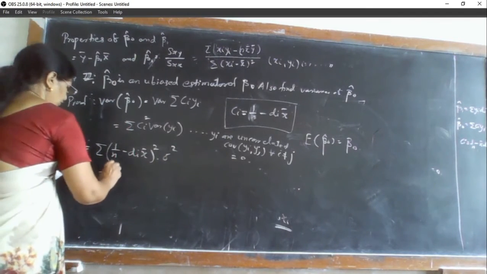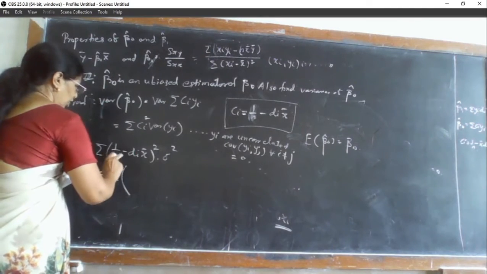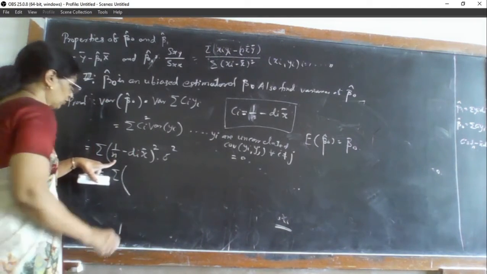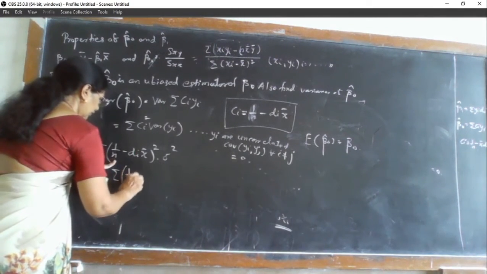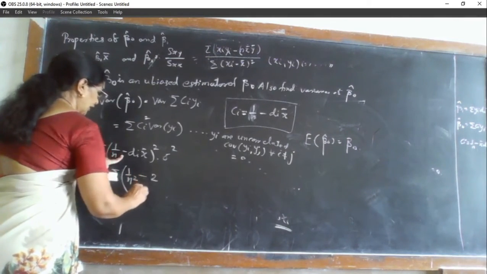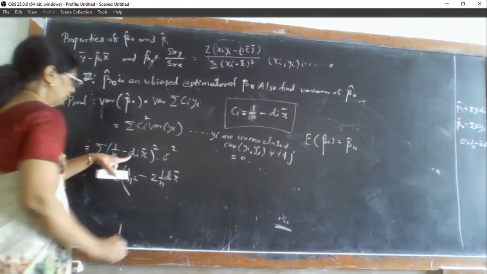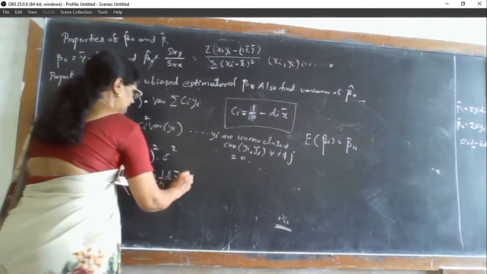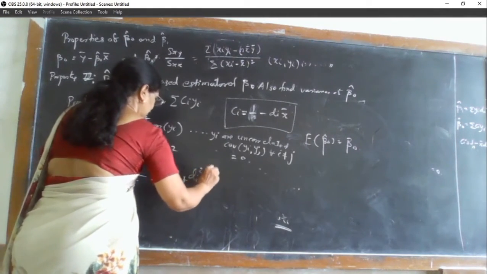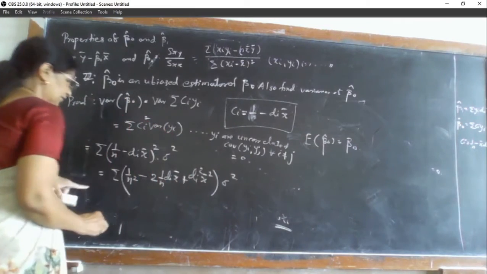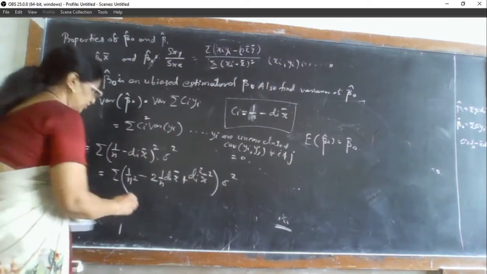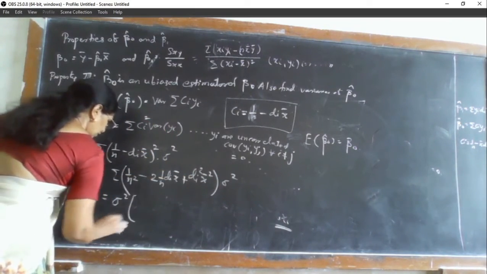So this is equal to summation of, now you have to take square of this particular binomial. So it is 1 upon n square minus 2 times 1 upon n di x bar plus di square x bar square into sigma square. Now variance sigma square is constant, so you can take sigma square outside.